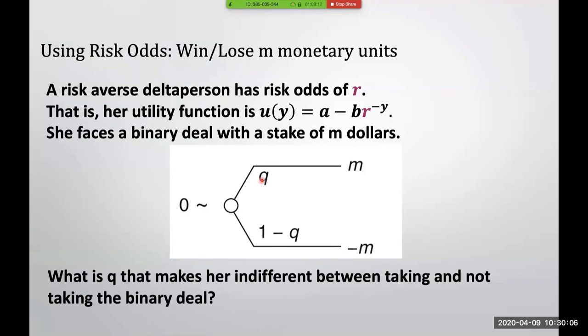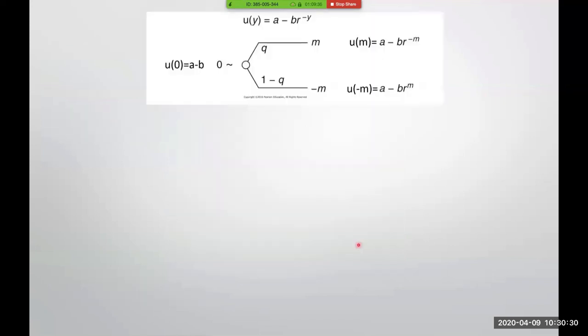And we're interested in finding this Q, the preference probability of $0 in the binary deal with M dollars at stake. Okay. So we go through the same process as we did before for solving P, the preference probability for $1. So we go through that again.